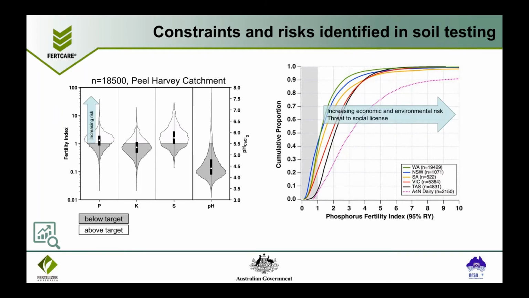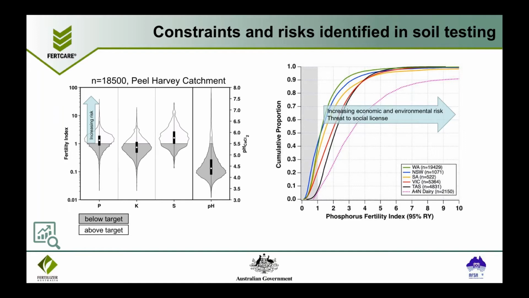So, we can see that, as we move into these areas where we have more phosphorus in the soil than we require, we're increasing economic risks to growers, particularly if we're recommending nutrients when perhaps they don't need it. We're increasing environmental risk by way of water quality and other issues associated with the loss of nutrients.